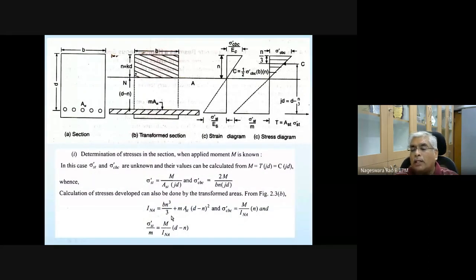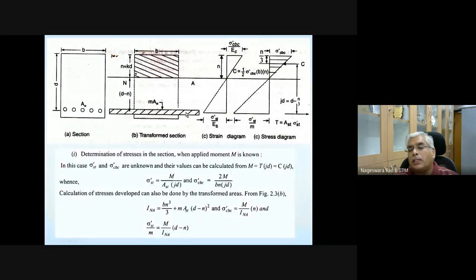Yesterday we noted this formula: for a rectangle of dimensions B and D, the moment of inertia about one of the edges is B D cube divided by 3. That formula is applied here for this portion.